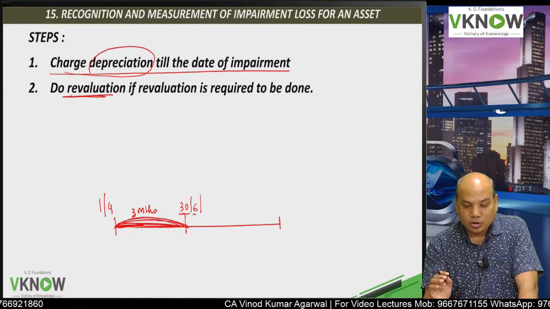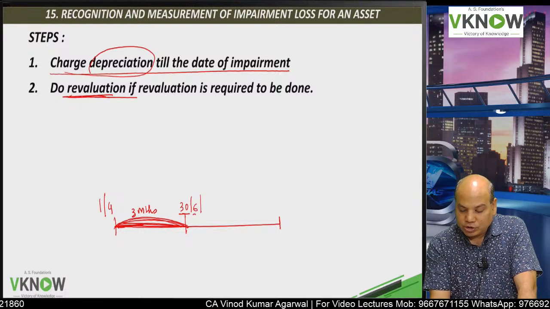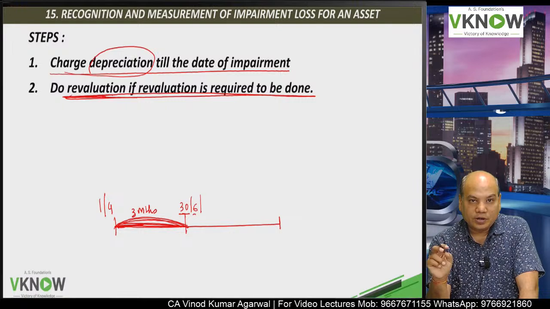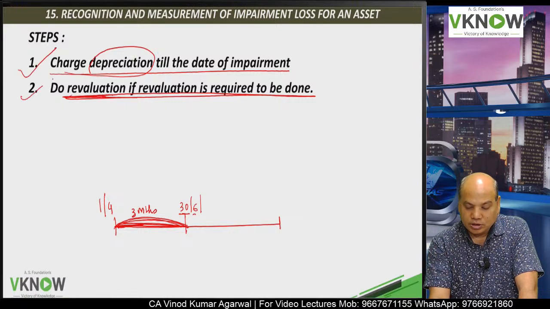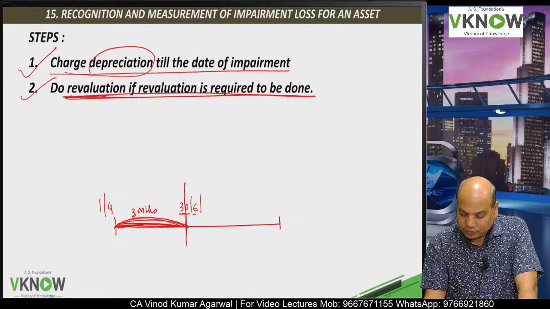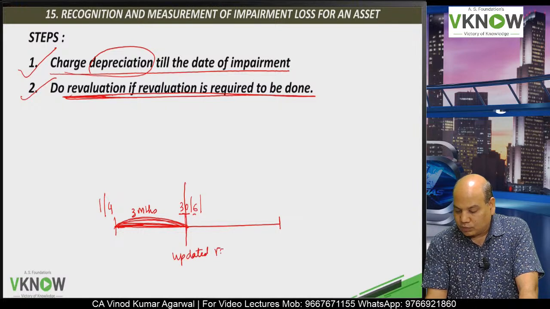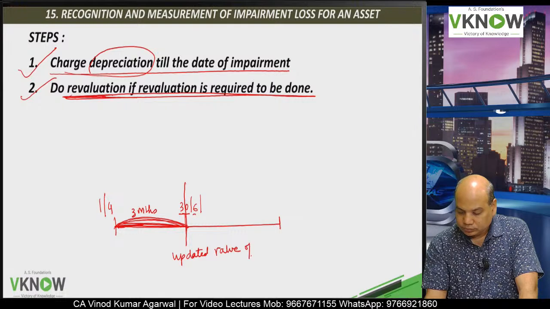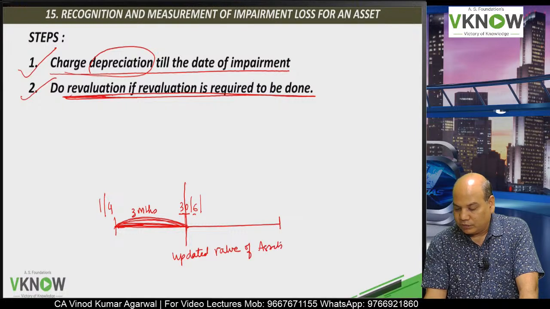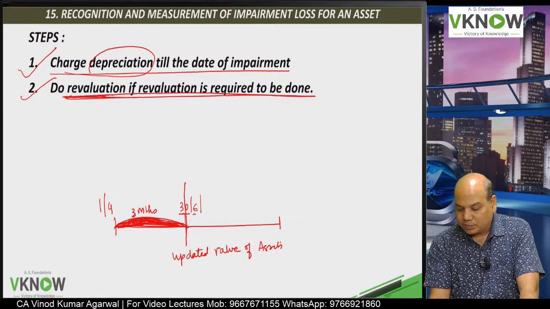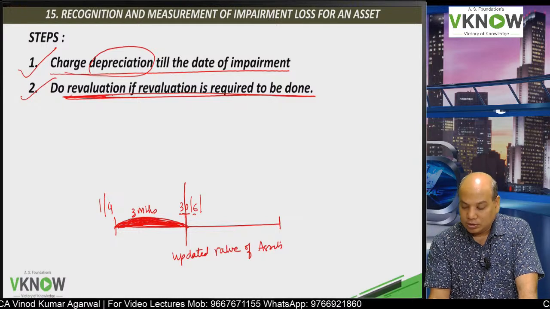Whether upward or downward, if I am following the revaluation model, then I will also have to provide for revaluation. So depreciation, revaluation. After that, you will get an updated value of the asset. Updated value of asset means whatever you are supposed to do as far as depreciation and revaluation, you have done.